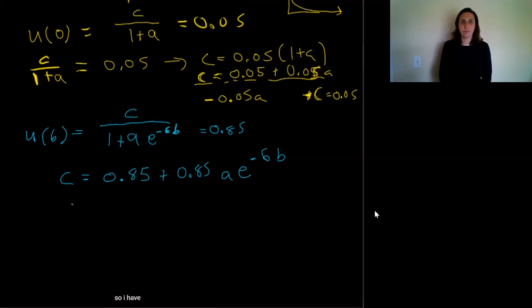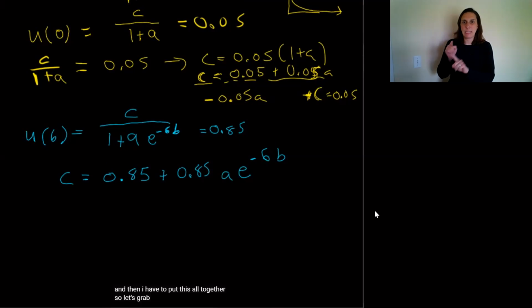So now I have a and b in my equation, and I have c. Notice I have three things. So to figure out what a, b, and c are, I need 3 data points. So I'm going to grab one more, and then I have to put this all together.